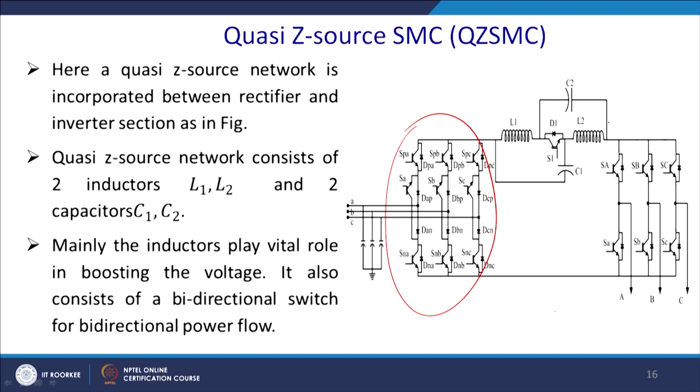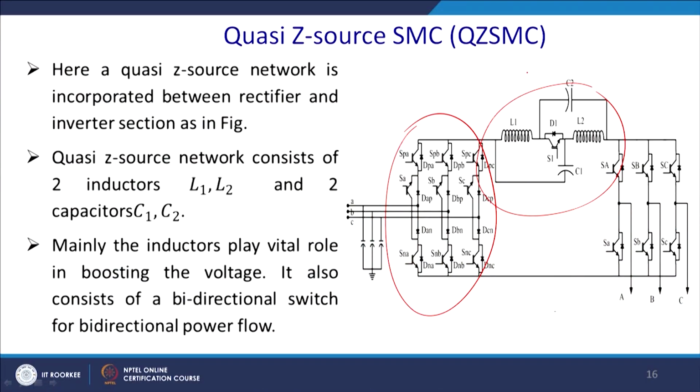In between you have added this boosting network, and here you can see that with this not only can you control the frequency, but also, of course, you can buck it by changing the modulation index, and this part of the circuit can help you also to boost it.